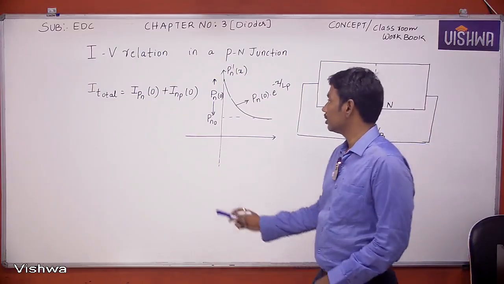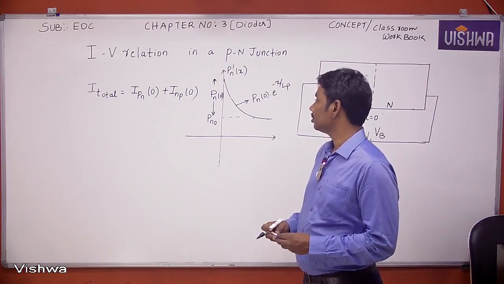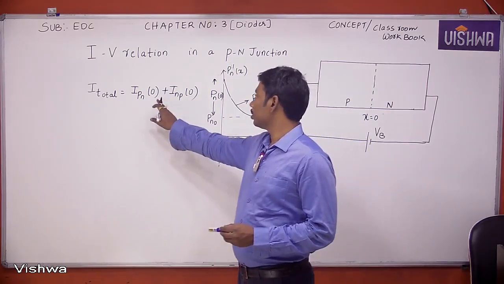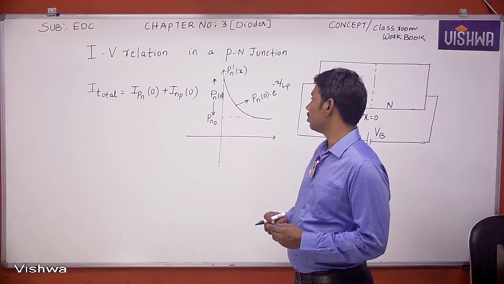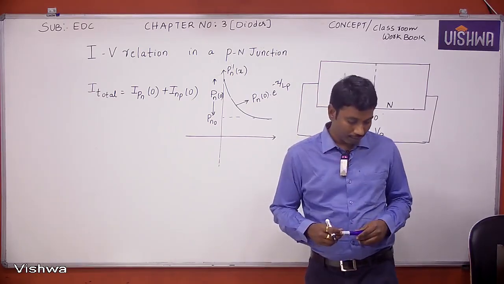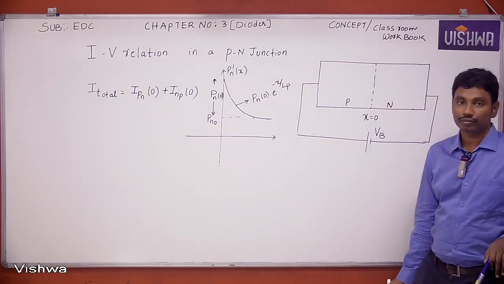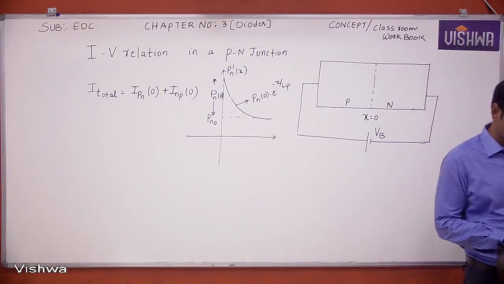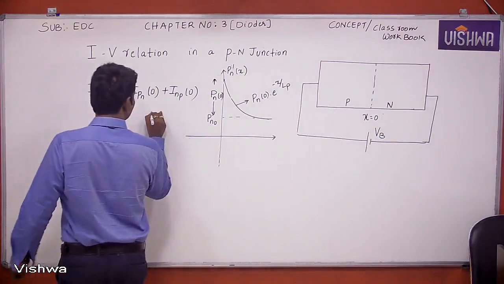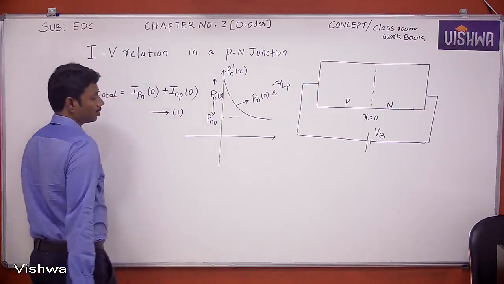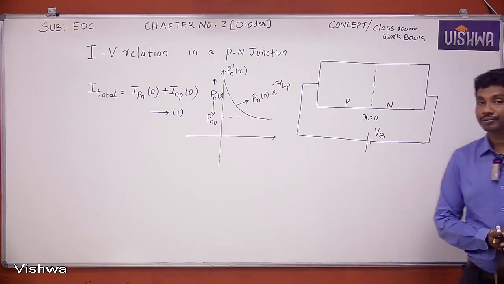That is, I total is equal to IPN of 0 plus INP of 0. Copy this figure also. Let this one be equation 1.